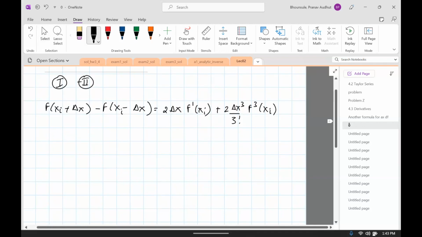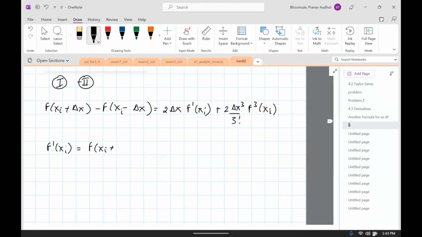Okay, so I'm going to do this slightly different. I'll actually first write the formula for f prime. It's going to be f of xi plus delta x minus f of xi minus delta x.